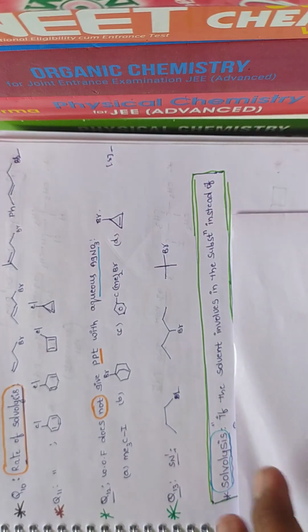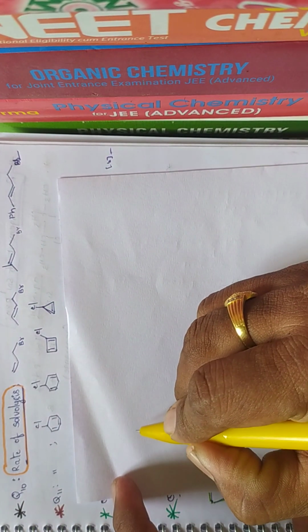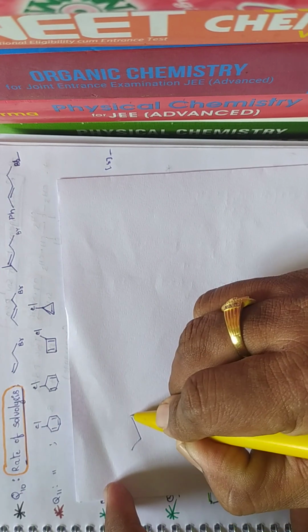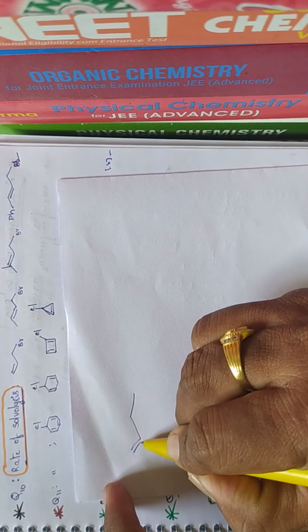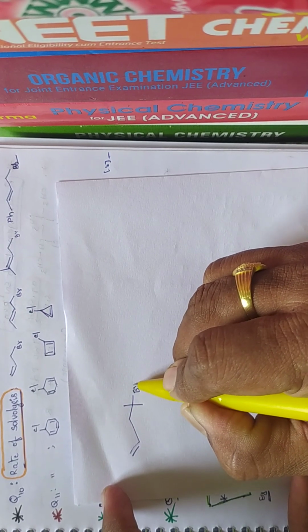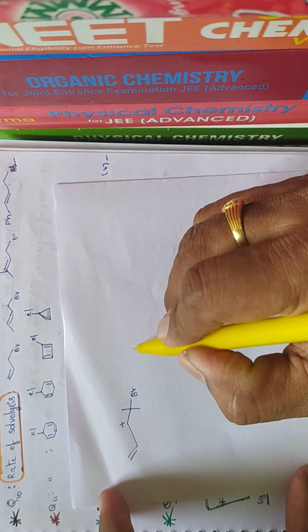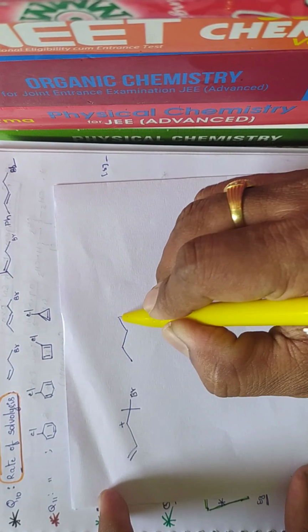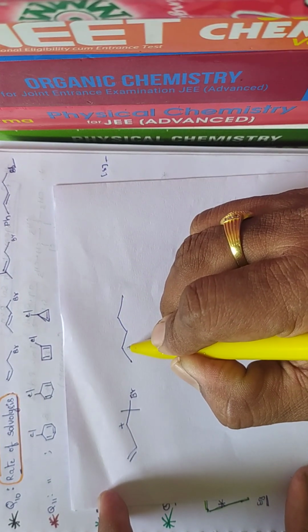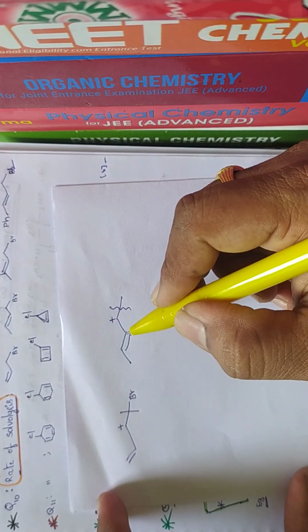Now, in this reaction, which one is undergoing the higher rate of solvolysis? Whenever they ask an SN1 question, the first step is the formation of carbocation. So you break the carbon halogen bond and arrange the carbocation. In the second structure, you break the carbon halogen bond and arrange the carbocation.